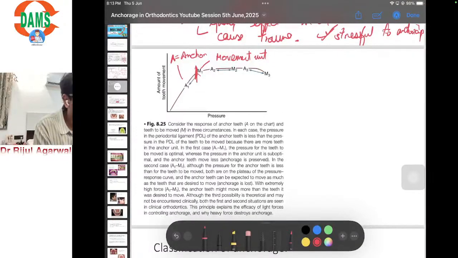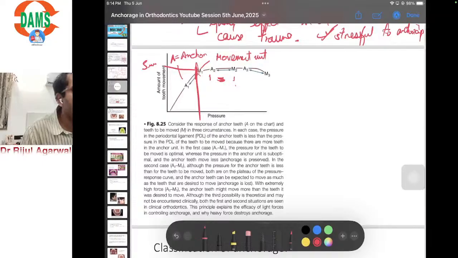Till here our desirable movement was occurring. As we increase the pressure, what happens? The force which is acting on the M and the A unit increases. So what does it lead to? It leads to the same amount of movement, like the 5 mm, an arbitrary magnitude which I said, starting to occur.